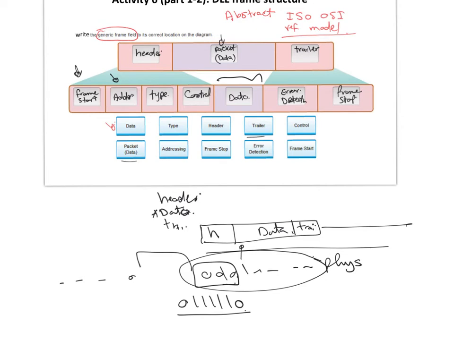As we mentioned before, the data link layer, or the MAC layer, is done in hardware. So the way we perform any functionality with hardware is that we have hardware circuits that read in sequence. At the beginning, the hardware reads the frame start, so it knows that this is the beginning of a new frame. Then, like switches, for example, they need to read the destination address, and then they don't need to read anything else.